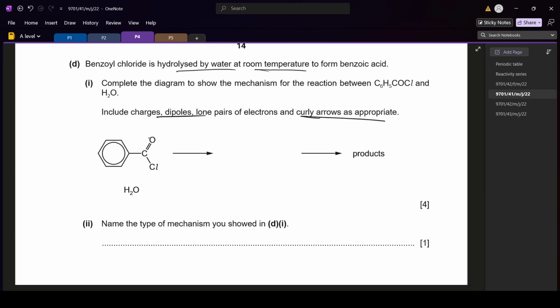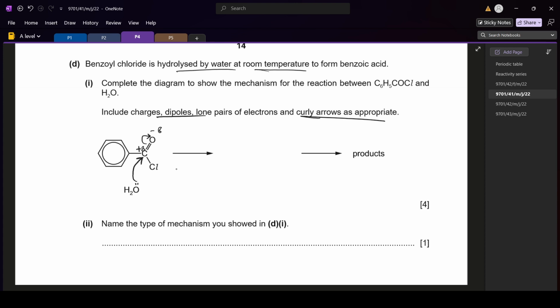This oxygen is more electronegative and it will take electrons from the carbon, so it will be partial negative and carbon will be partial positive. And this lone pair on oxygen will attack this partially positive carbon.